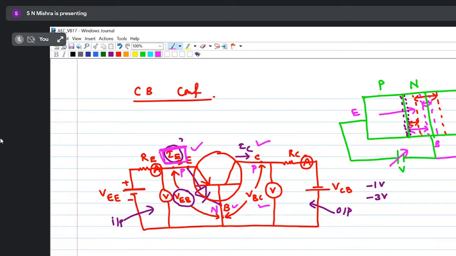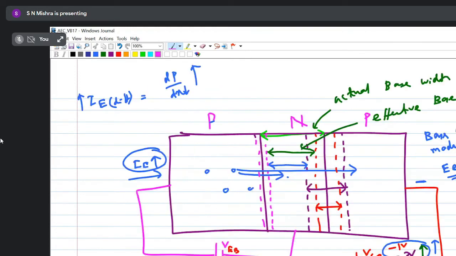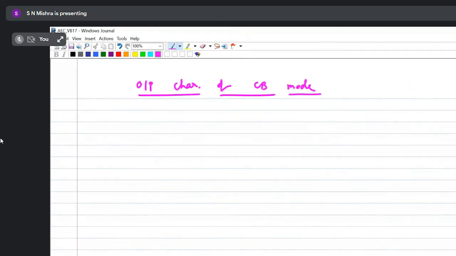Input current must be fixed, because if I increase or decrease the input current, then obviously IC will change, because IC equals alpha IE. So if we fix the input current, then observe the change in output voltage on IC, then you can plot output characteristics.